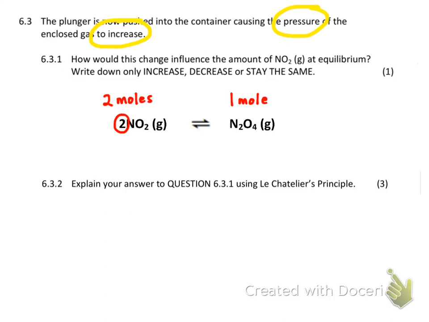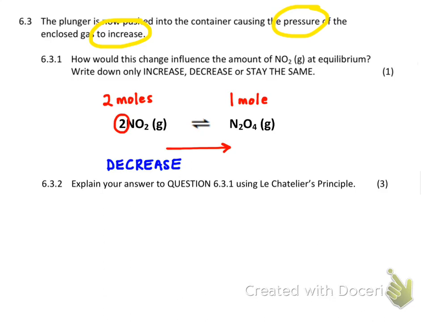So if we increase the pressure, Le Chatelier says it's going to shift to decrease the pressure. So it's going to go to the side with fewer moles, which is the right-hand side. And so we favor the forward reaction. And because we favor the forward reaction, it means that the amount of NO2 would decrease. And so the correct answer there is decrease.